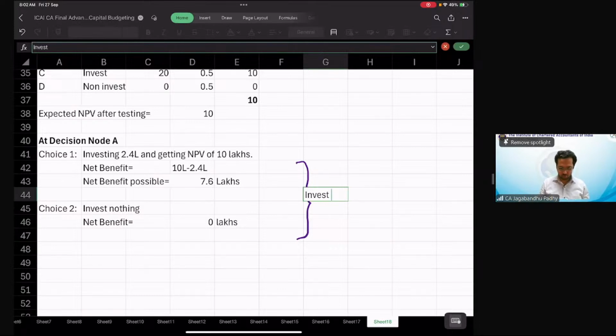Invest 2.4 lakhs as it can give a net benefit of 7.6 lakhs.